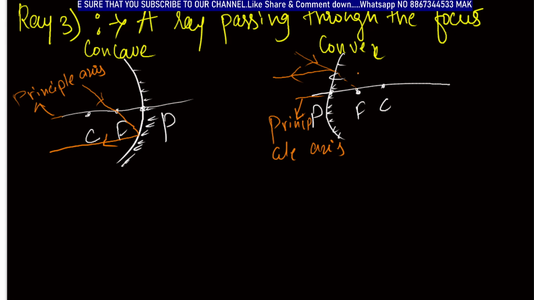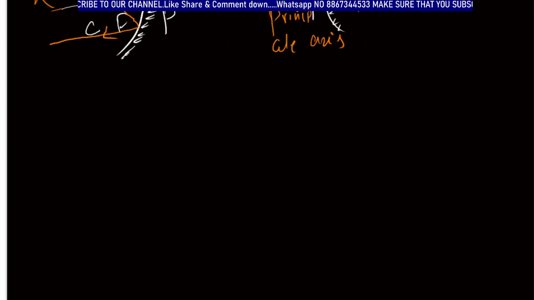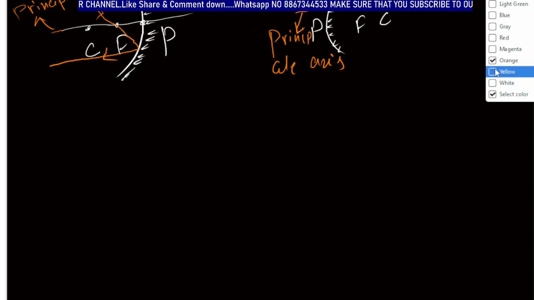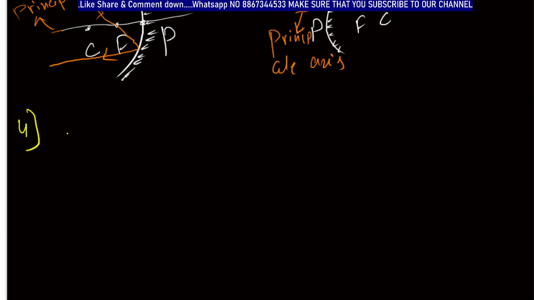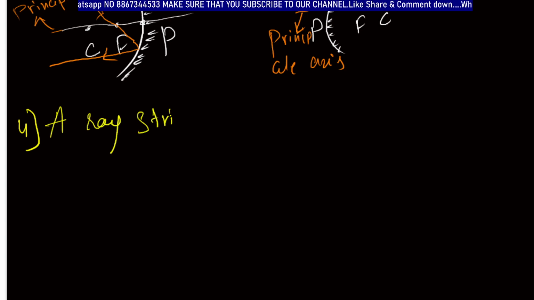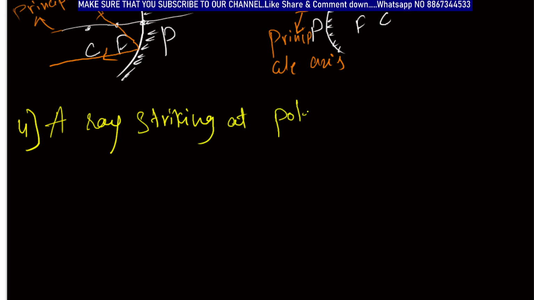So this is the third ray, that is the ray passing through the focus. Now the fourth and the last ray, a ray striking at pole P.